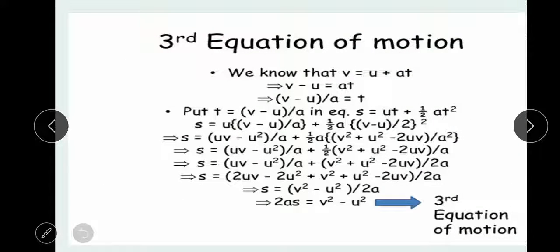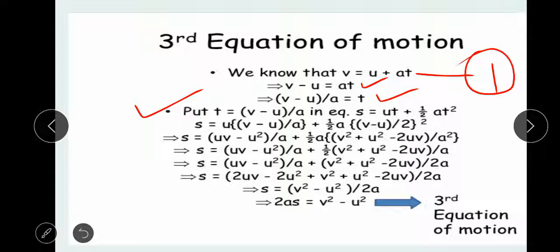Now the third equation of motion. We know that v = u + at, that is the first equation of motion. From this we have v - u = at, and then (v - u)/a = t. Now put this value of t in the second equation of motion, s = ut + ½at². Replacing t with (v - u)/a, you will get s = u(v - u)/a + ½a((v - u)/a)².